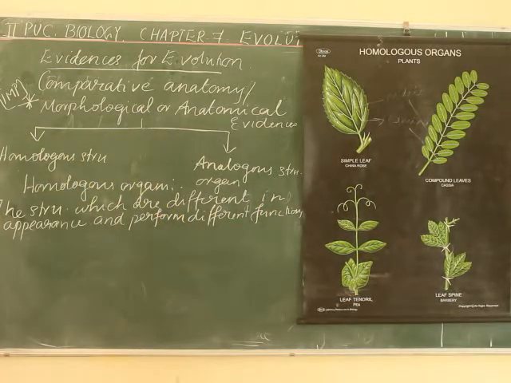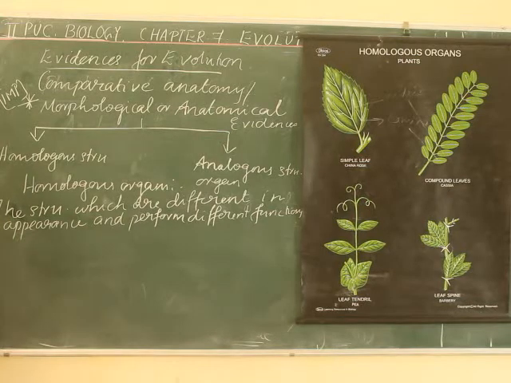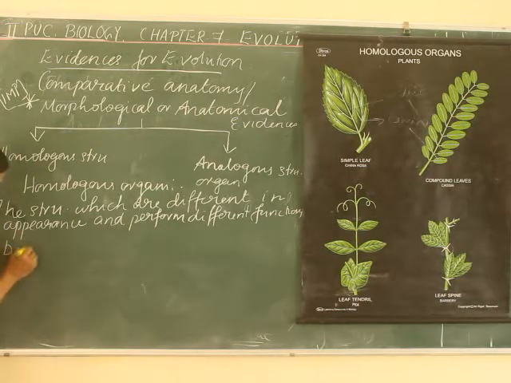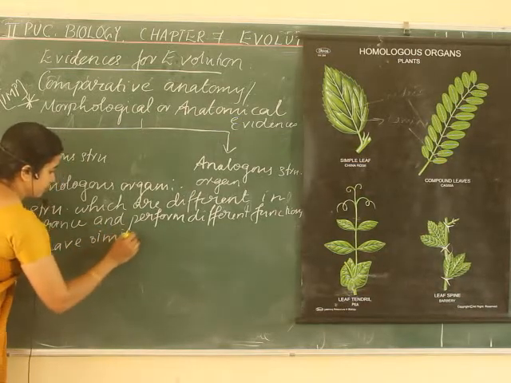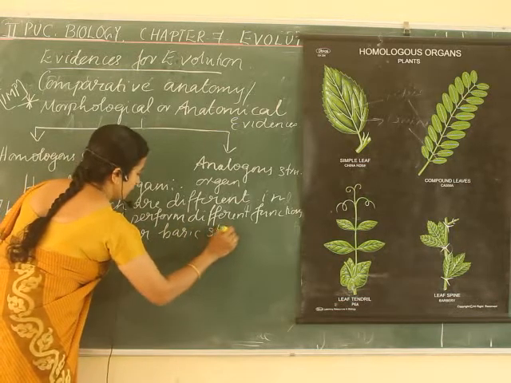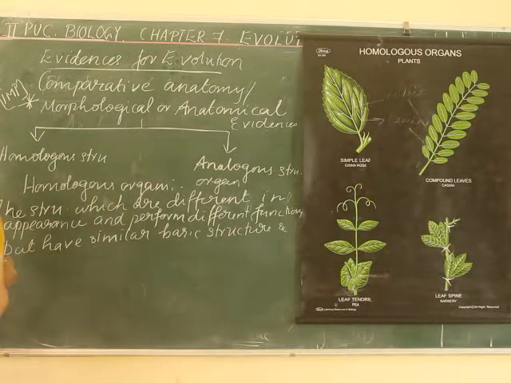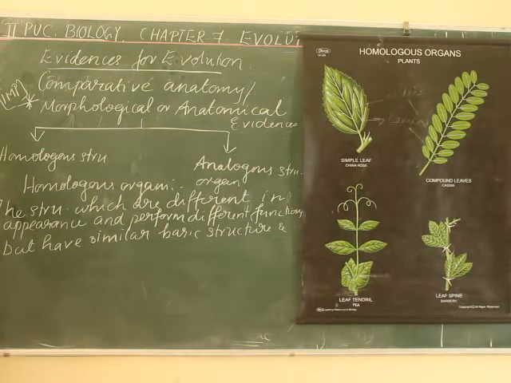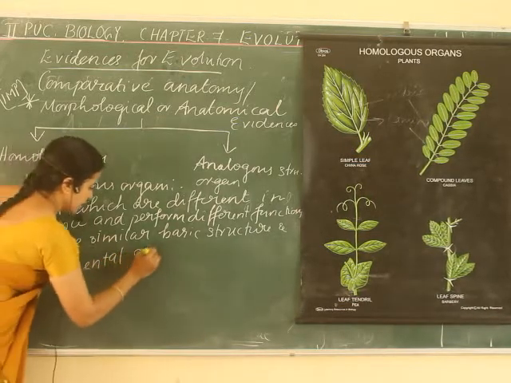The structures which are different in appearance and perform different functions but have similar basic structure and developmental origin are called homologous organs.